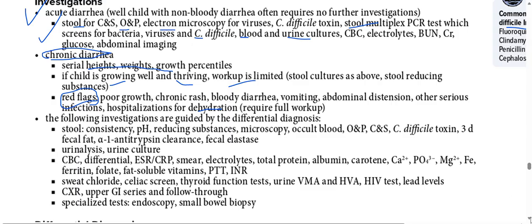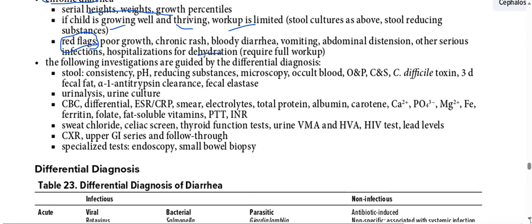Next, the following investigations are guided by the differential diagnosis. For stool, we need to check the consistency, pH, microscopy, culture and sensitivity, occult blood, then Clostridium difficile toxin, fecal fat, fecal elastase.